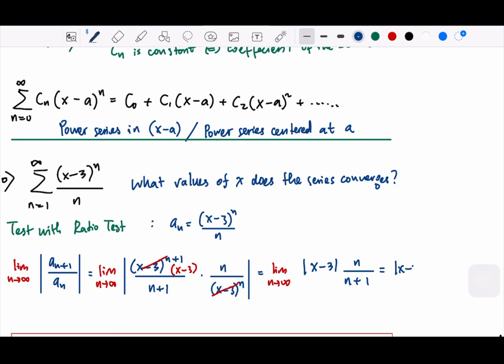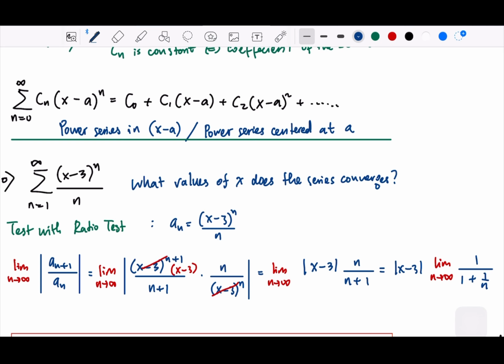So x minus 3, and this limit, maybe I'll remove the absolute value for n, so we can write divide by n, it's 1 plus 1 over n, so the limit is equal to 1.